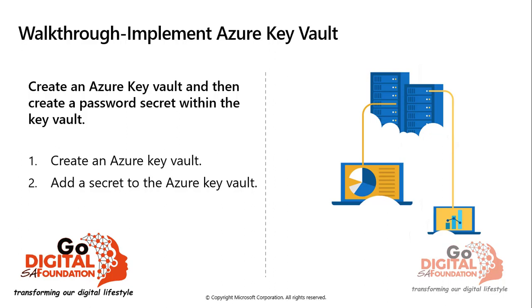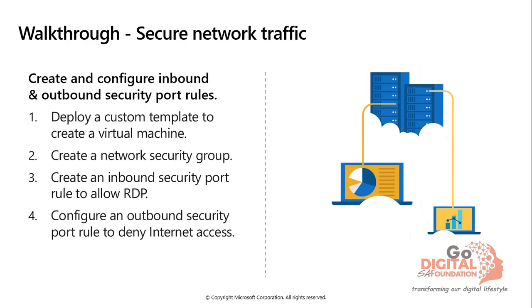Let me see which other one I left out. Okay, this is the one that was also left out. For this one we need to secure network traffic. So we're gonna deploy a custom template to create a virtual machine, but you already have a virtual machine, right?